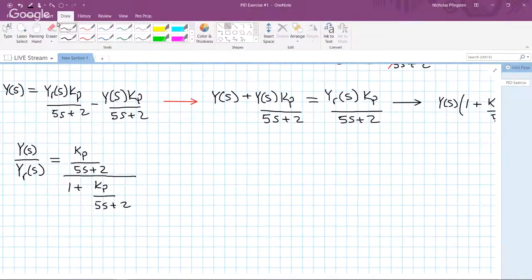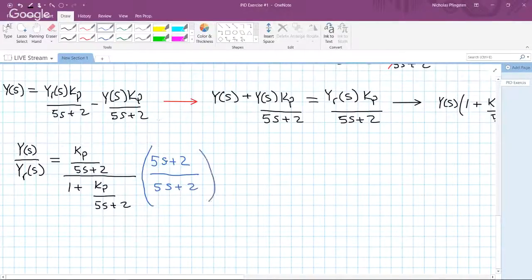So what I'm going to do here, another color, I'm going to have this right here. We're going to have 5s plus 2, 5s plus 2, and with this guy, mark it out, but it really can be 5s plus 2 all over 5s plus 2, which is 1.